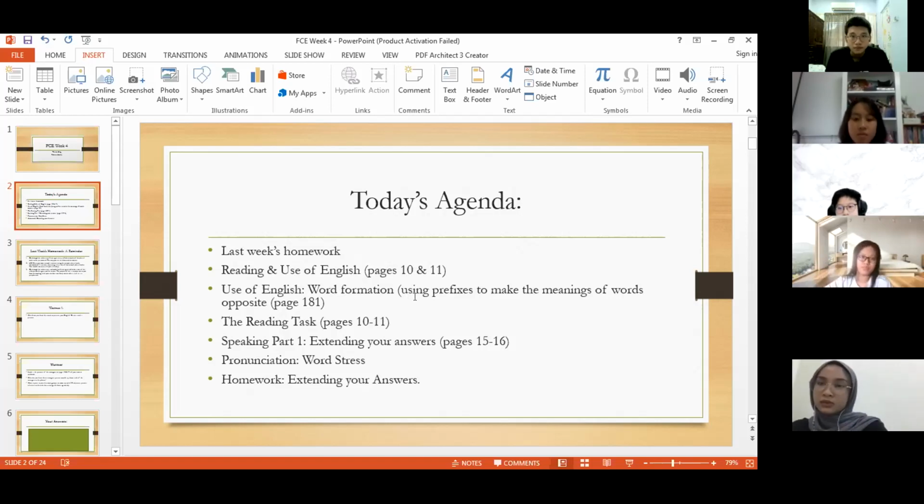So the word formation we'll be looking at today is using prefixes to make the meanings of words opposite. For example, engage. The opposite of engage is disengage. So we'll be looking at some words like that in English. Then we'll be actually turning to the reading task itself, again on page 10 and 11.